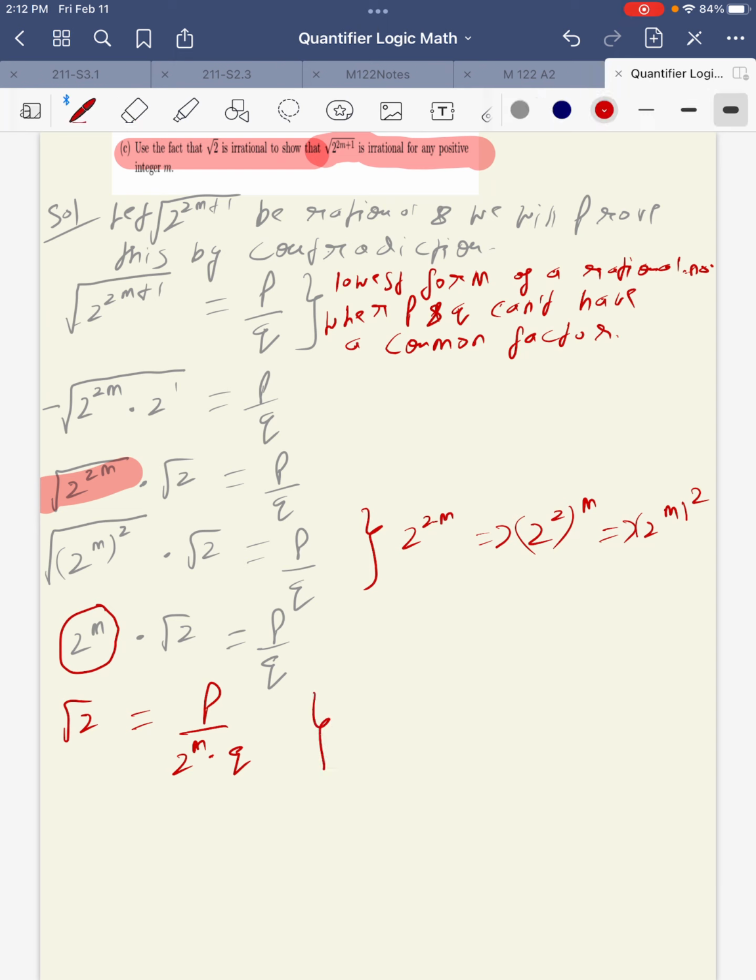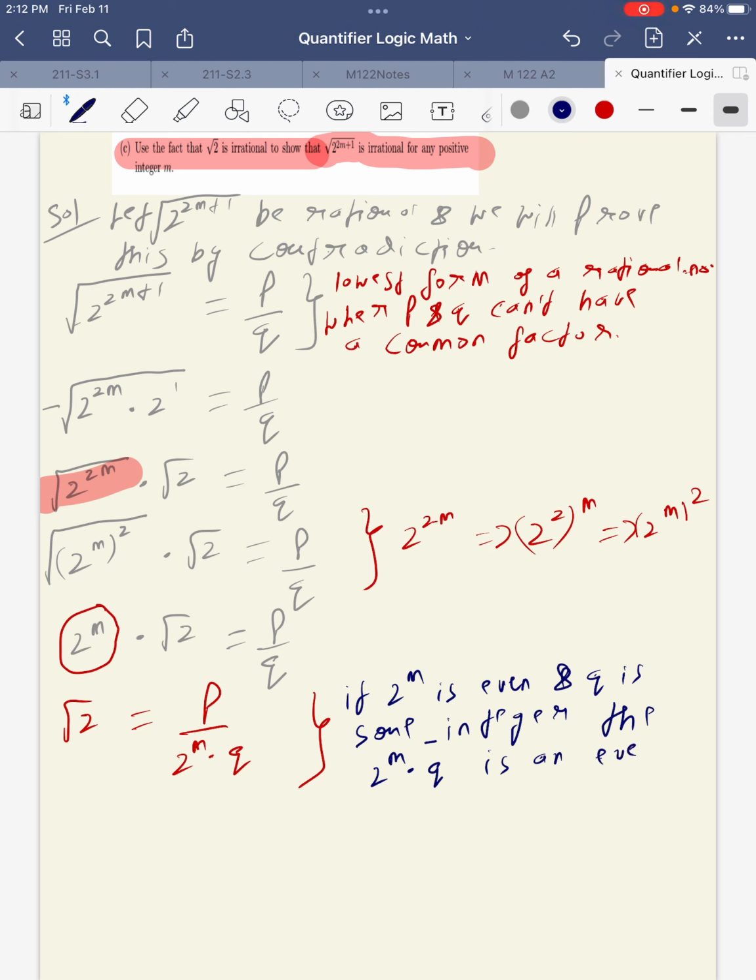So if 2 to the power m is even and q is some integer, then 2 to the power m multiplied by q is an even number.